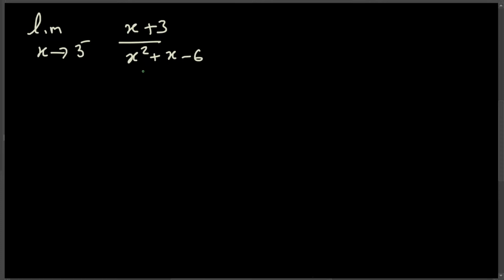6 over 6. Wait a minute. 3 squared is 9. 9 plus 3 is 12. 12 minus 6 is 6. 3 plus 3 is 6. 6 over 6, 1.